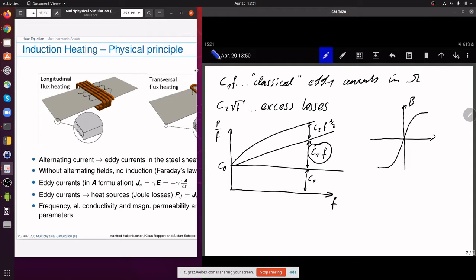So this curve here, a unique function, B over H.